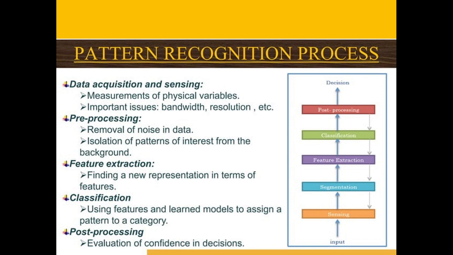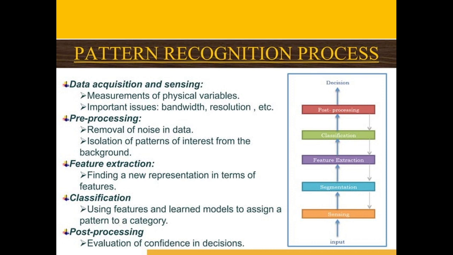And finally is classification. Using features and learned models, we have to classify patterns. For example, if there is a group of mixed shapes, triangles, circles, squares, then we have to classify all the triangles into one group and squares into another group. That is classification. The fourth is post-processing, where we evaluate the confidence in the decision, whether our decision is correct or not.